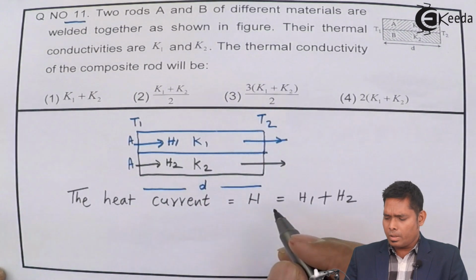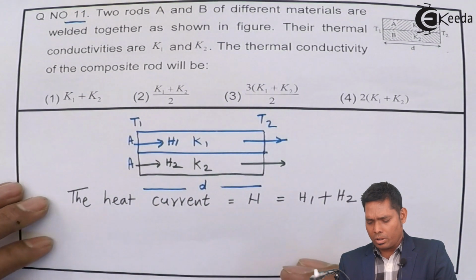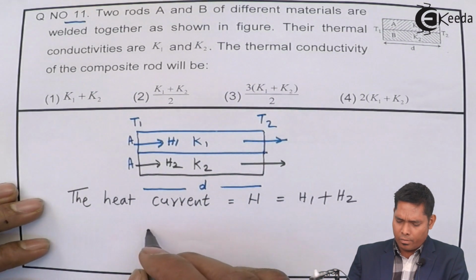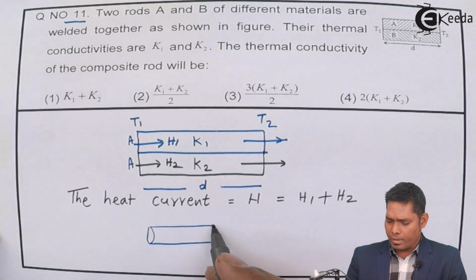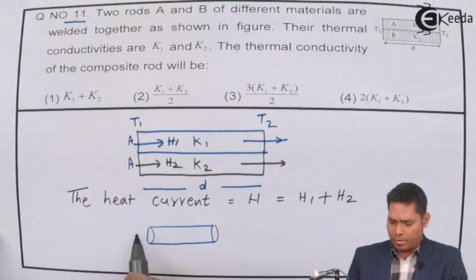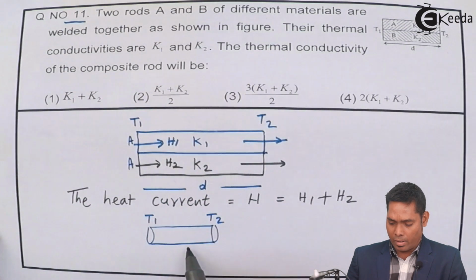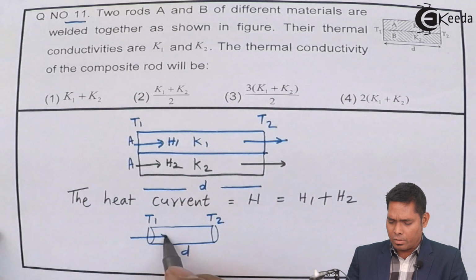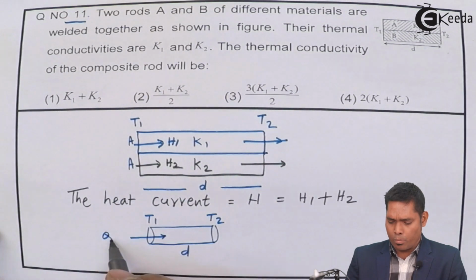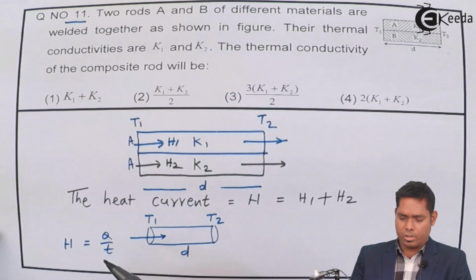Now from thermal conductivity we have one expression. If there is a conductor maintained at a temperature difference, T1 and T2, and the distance is D, the quantity of heat flowing per second, Q by T, is what I call the heat current.